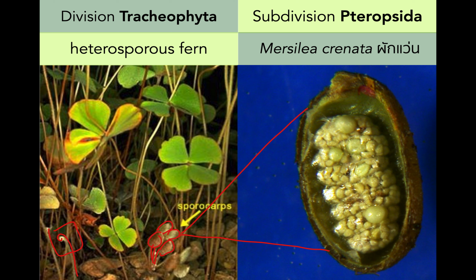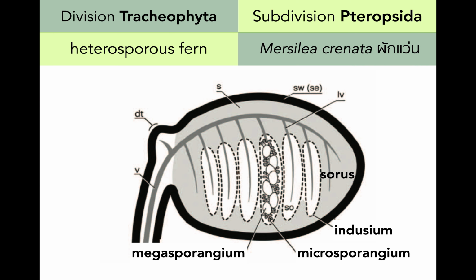So this is the sporocarp. It's encased in this shell, and if you look inside, it's like a bunch of ugly insect-egg-like things. Ew. But it's actually the sporangia, which include both microsporangium and megasporangium. The big one is a megasporangium, and the small one is a microsporangium, and they are all encased in the indusium, and each one of them is called a sorus, just like on the typical fern leaf.